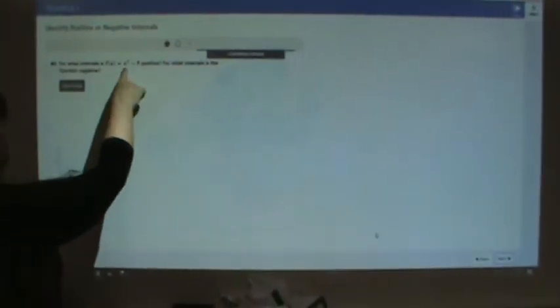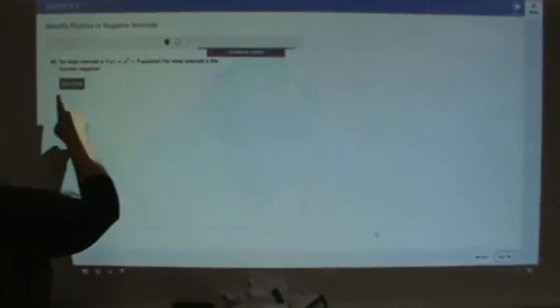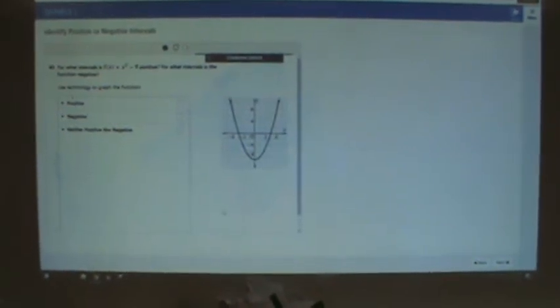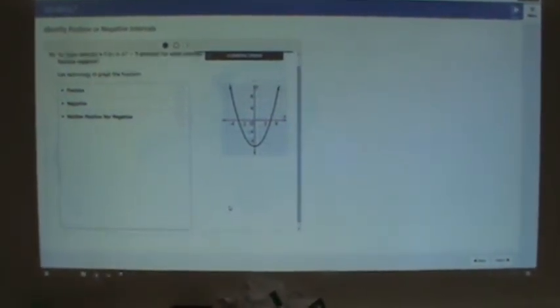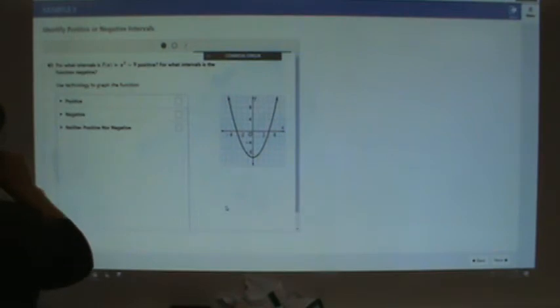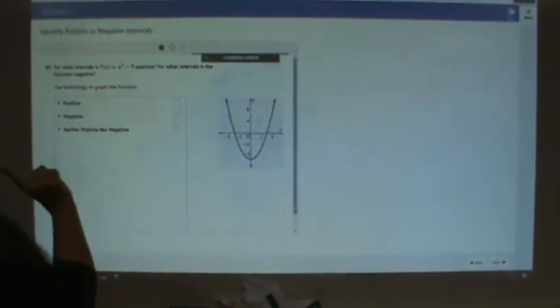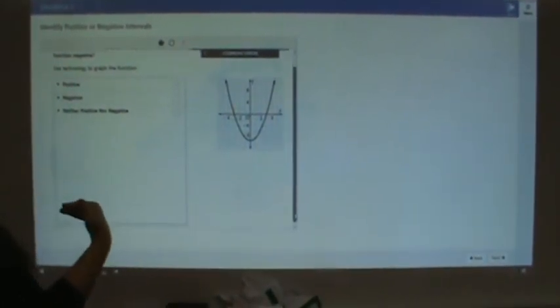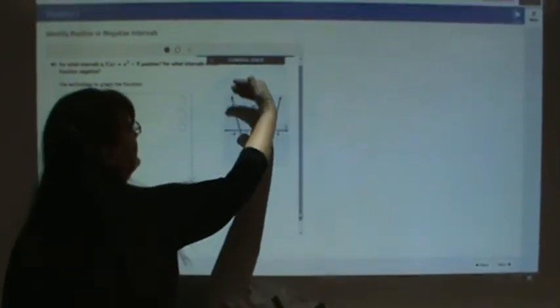All right, the next thing we want to look at is for what intervals is x squared minus 9 positive. So go ahead and hit the solution. All right, the graph is positive when it's above the x-axis.